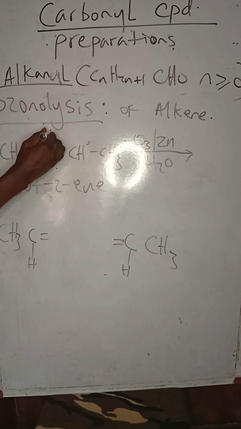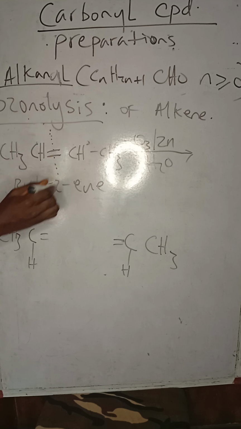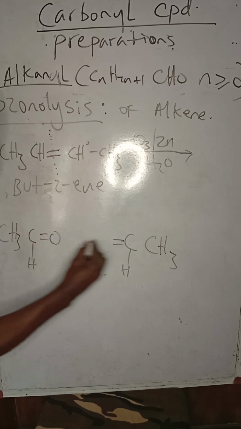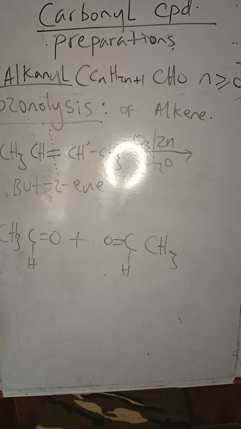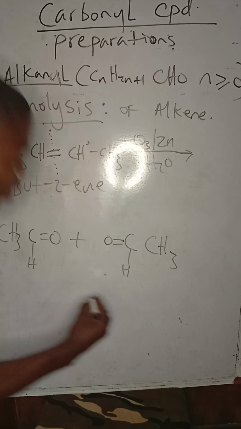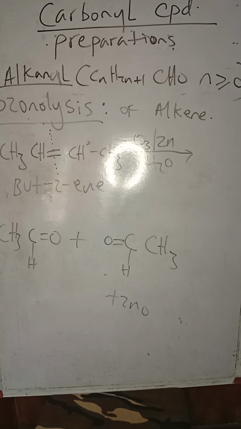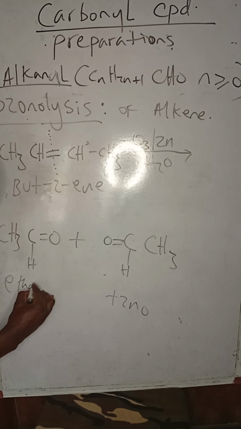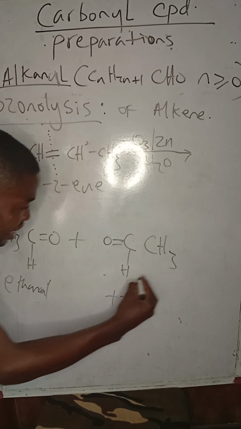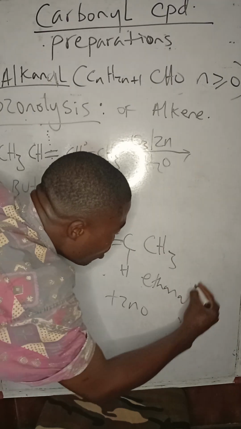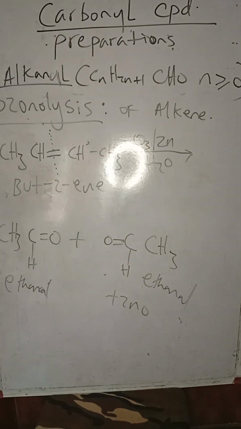So on cleaving the double bond, just add O to each side of the double bond, and that's our product, plus zinc oxide. That's on reductive workup. So this product we get is ethanal, and ethanal. So ozonolysis of any alkene with reductive workup, how do you know it is reductive workup?